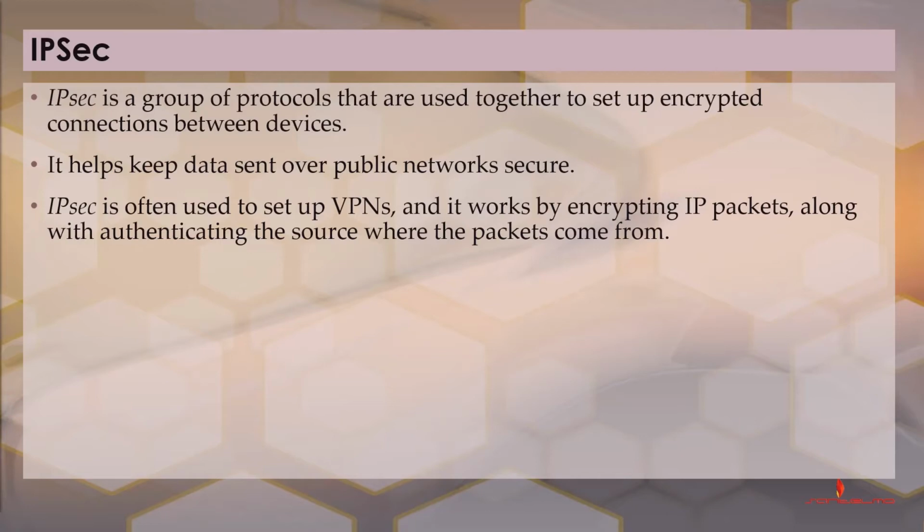It helps keep data sent over a public network, for example the internet, secure. IPsec is often used to set up VPNs, and it works by encrypting IP packets along with authenticating the source where the packets came from.